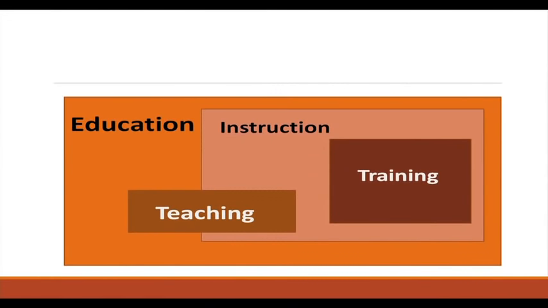Instruction is giving a direction. Just see the picture here. Training and teaching are both in the instruction, but teaching is more, so teaching is not only instruction. All this, teaching, instruction, training, all together is education.